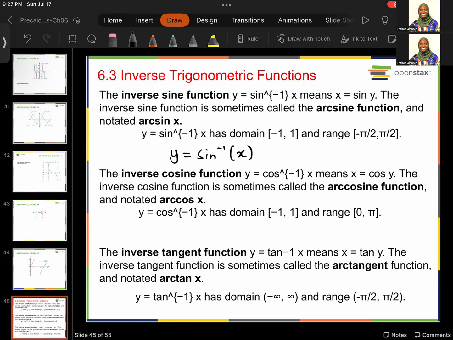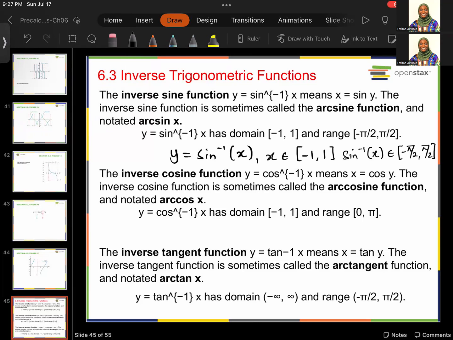Remember, the domain is your x values. So x comes from -1 to 1, and it has a range. Essentially, when you plug in any x within -1 to 1, the sine inverse of x will be in -pi/2 to pi/2.